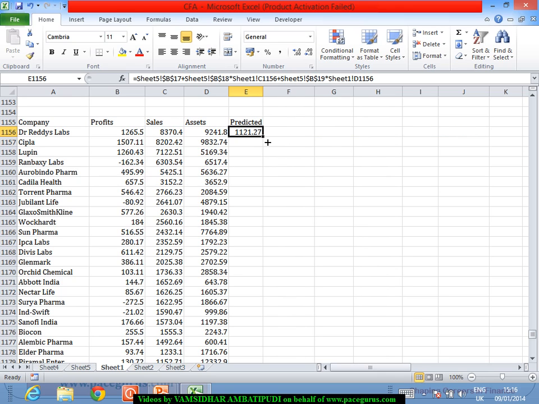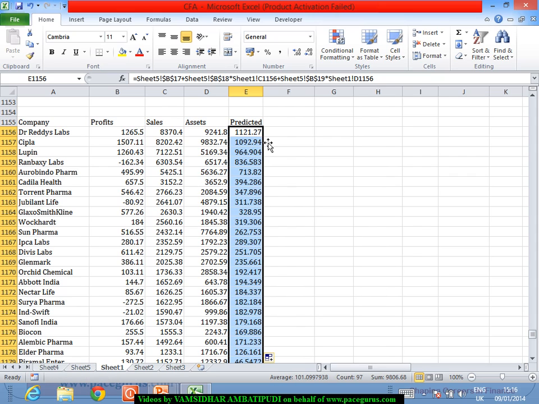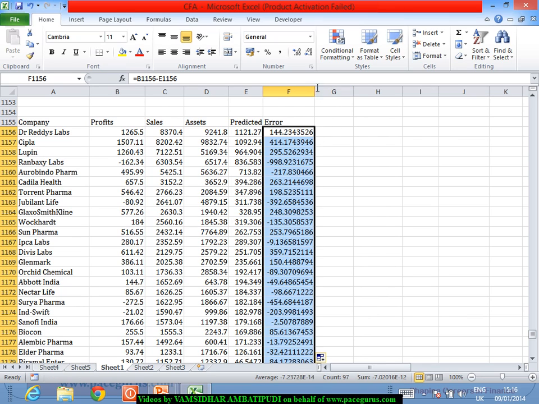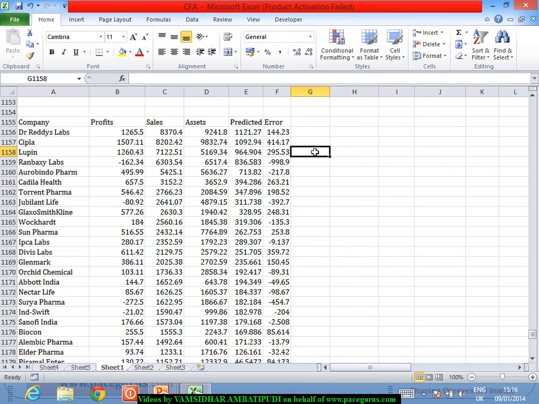So this is what is coming out to be the predicted values, and based on this, I am trying to find the error, which is the difference between the actual profit and the predicted profit. So the error is coming out to something like this. These are the errors in various cases. These are the profits and these are the predicted profits, computing the errors.